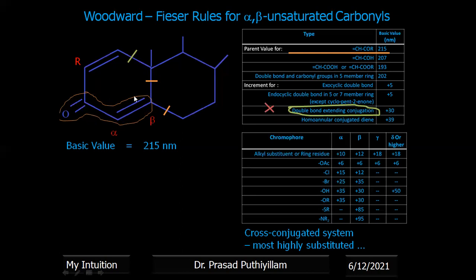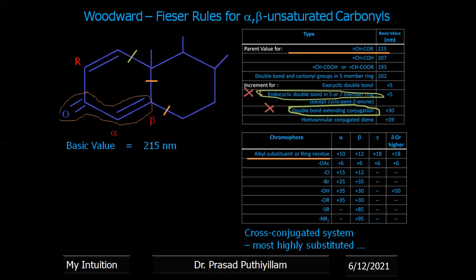By seeing the structure itself, we know it is a 6-member hexagon. Even kids in grade 1 or UKG know what a hexagon is. So only for 5-member and 7-member rings do we consider this endocyclic double bond case, as explained by Woodward and Fieser, not me. So we have to cross it; that is not applicable here, and we need not consider it.